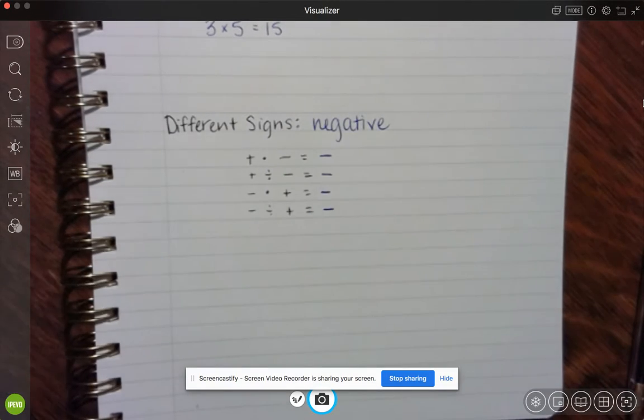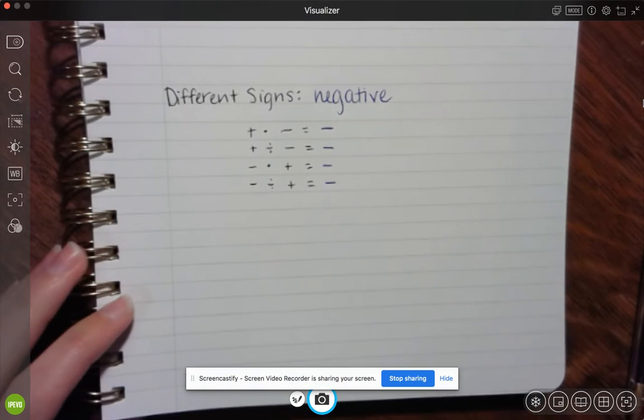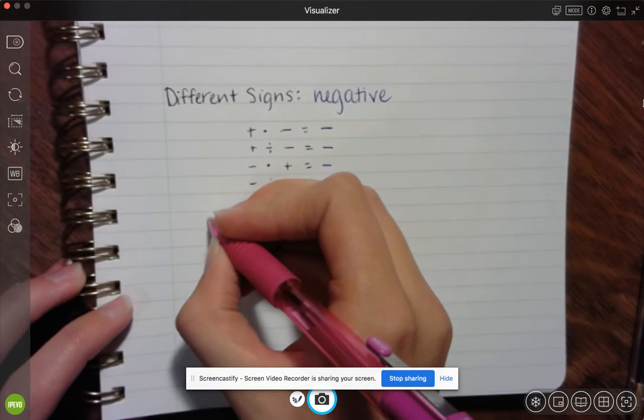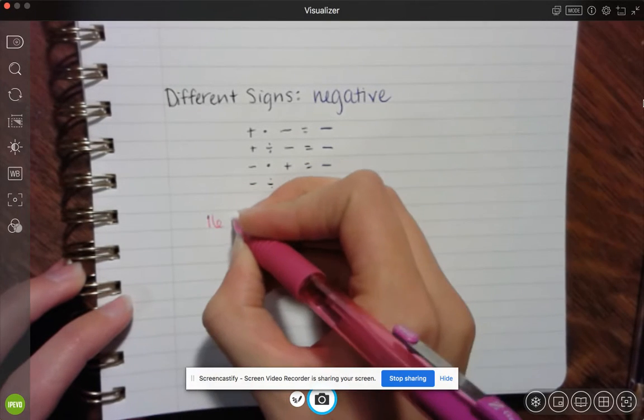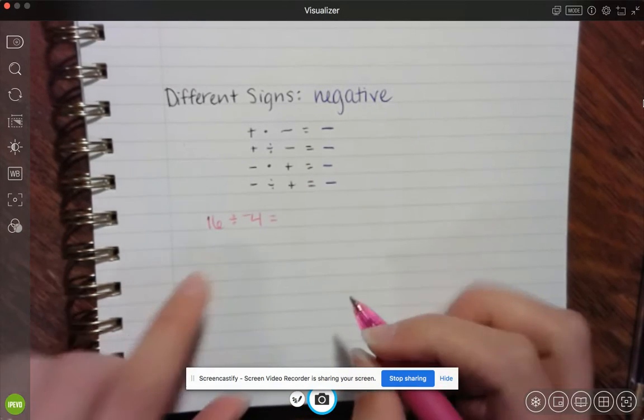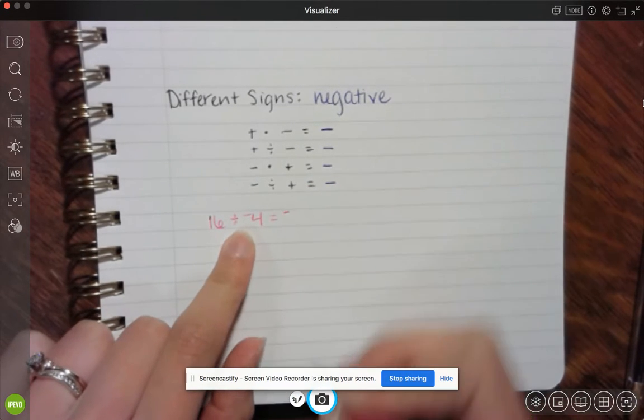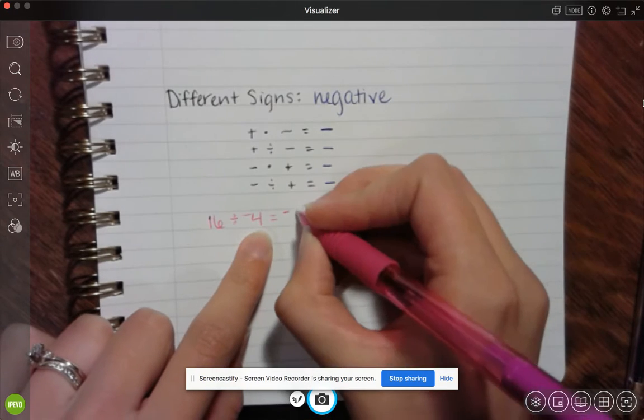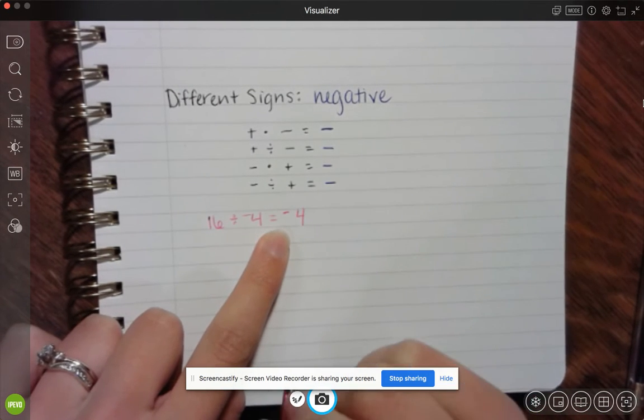No joke. All right, so if I did 16 divided by negative 4, okay, different signs, so it's going to be negative, and then I do 16 divided by 4, which is 4, so my answer would be negative 4.